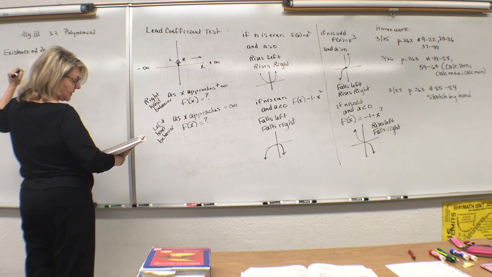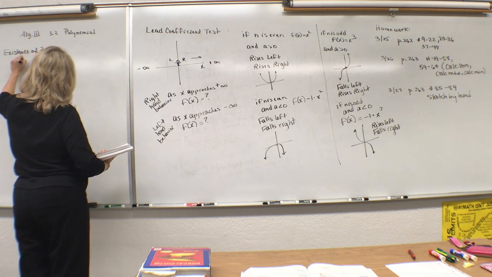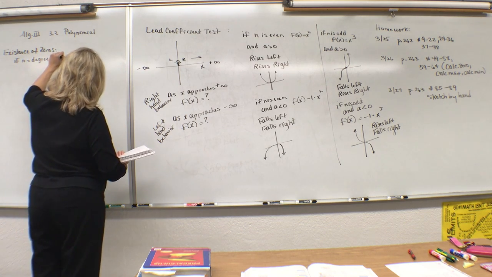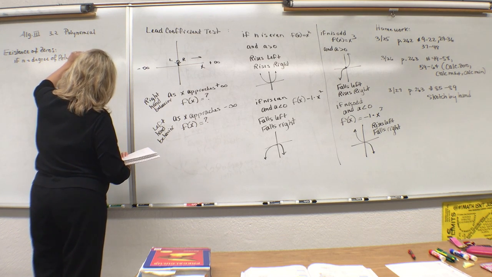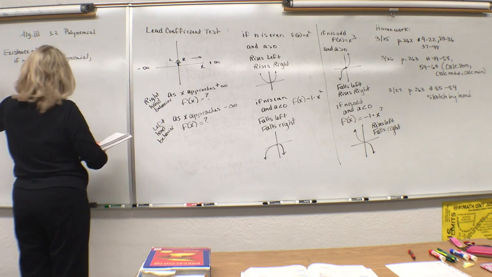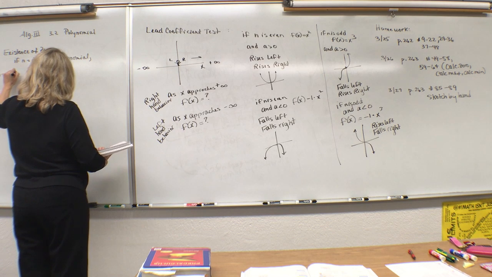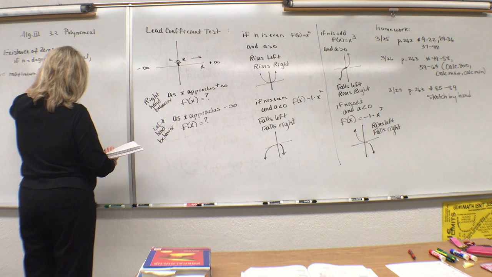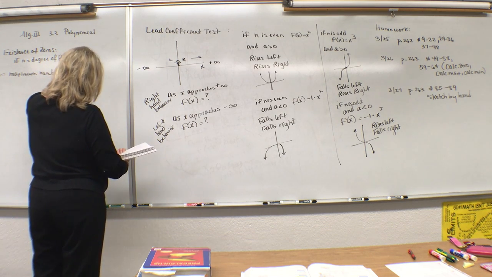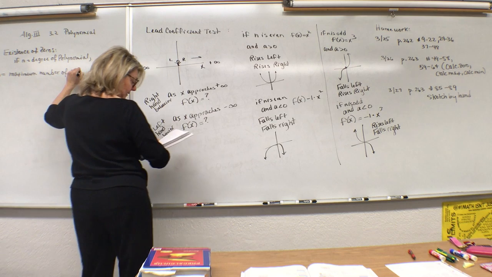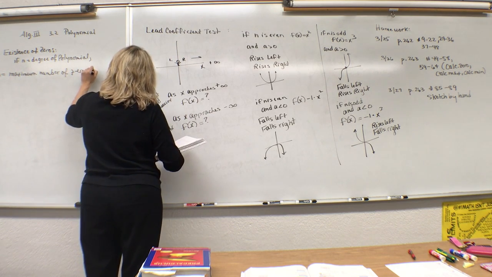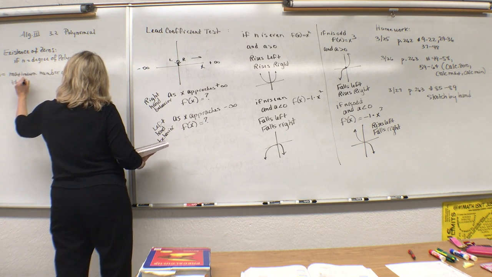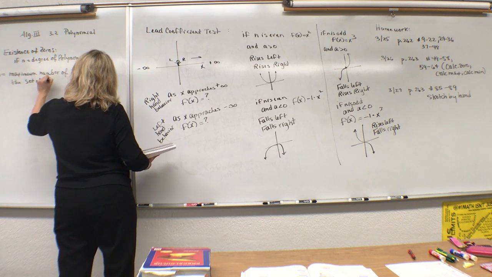And to summarize, it says this. If n equals the degree of the polynomial, then n equals the maximum number of zeros in, now be careful with this, this will make your eyebrows go up, in the set of complex numbers.